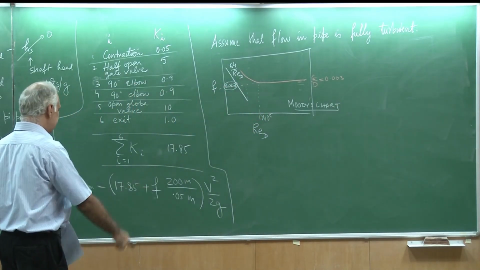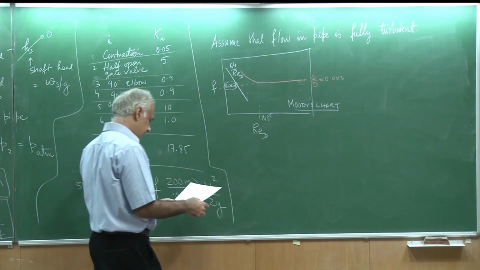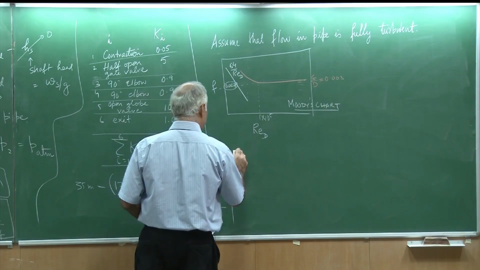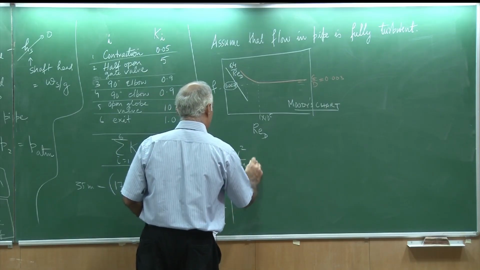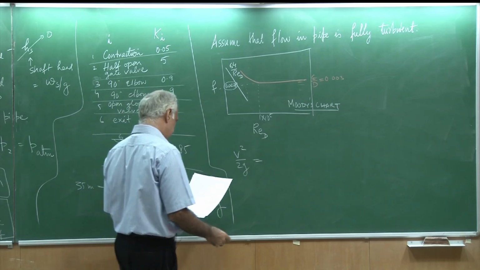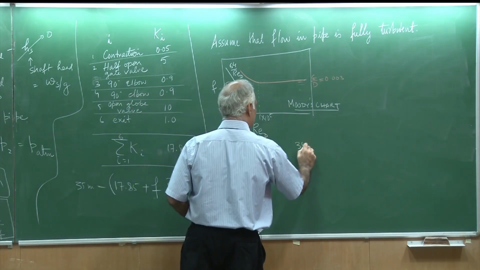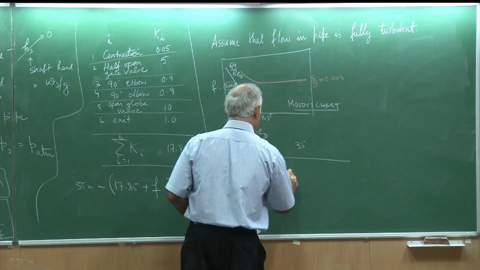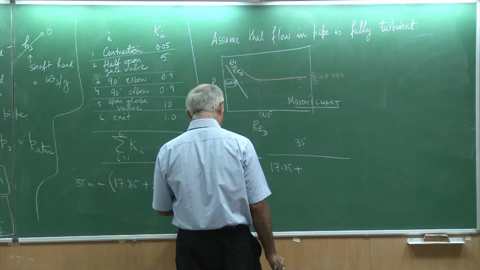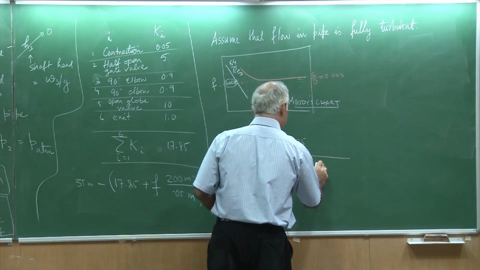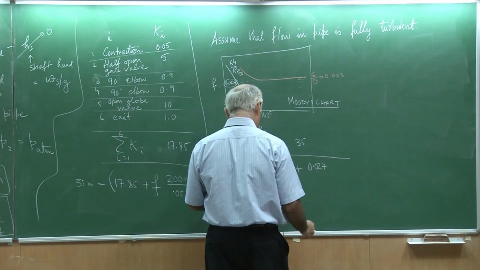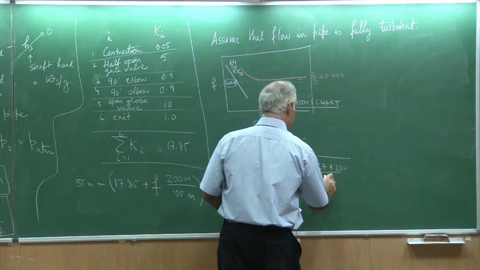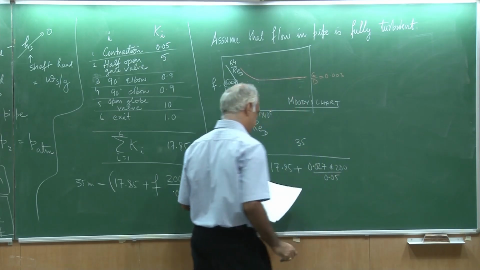So, I plug that in here and I would get v square by 2g to be 35 divided by this whole thing, which is 17.85 plus 0.027 times 200 divided by 0.05.